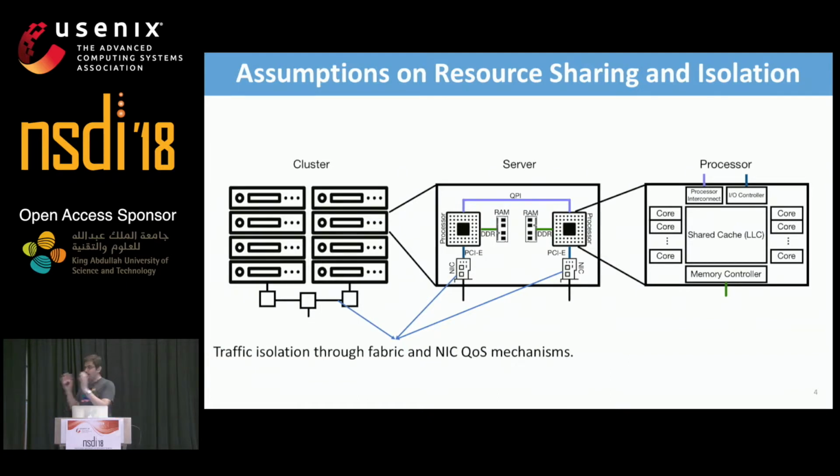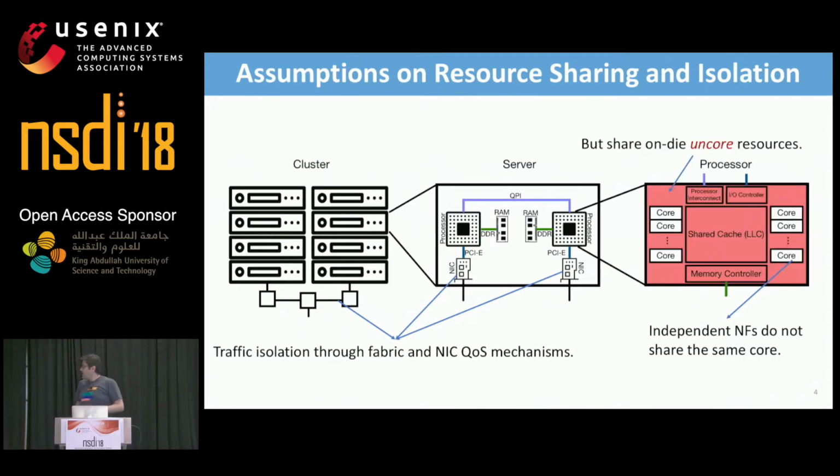If we have independent flows of traffic, classes of traffic, there are QoS mechanisms in the network and in the servers, through NIC QoS mechanisms, that enable us to isolate traffic, so we will not focus on solving that problem. Second, we assume that independent NFs do not share the same core.